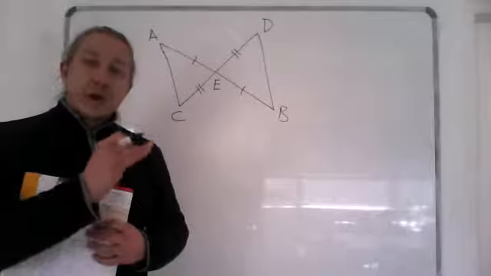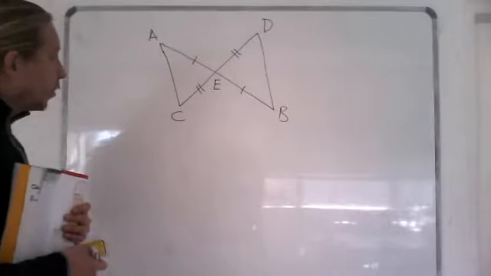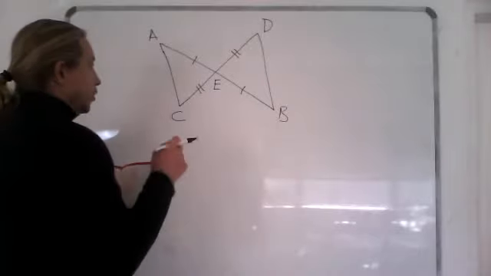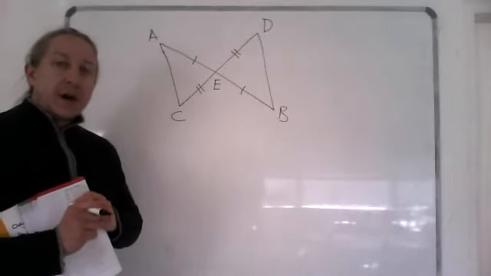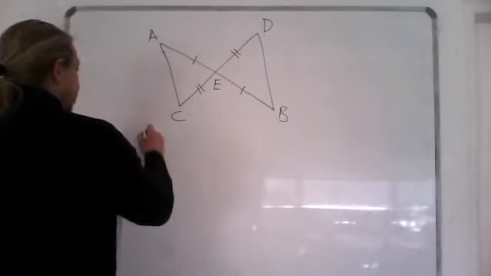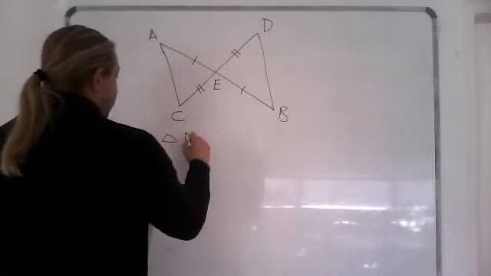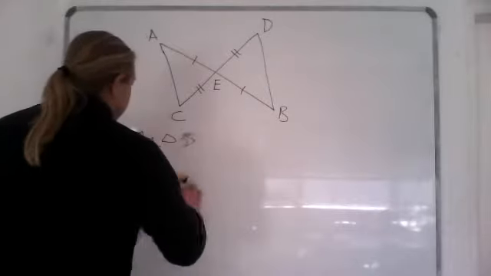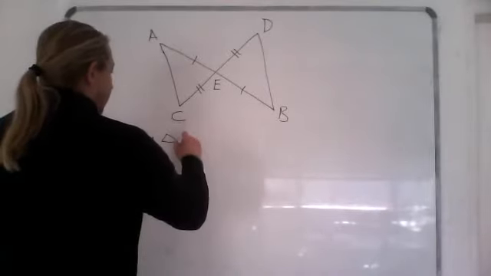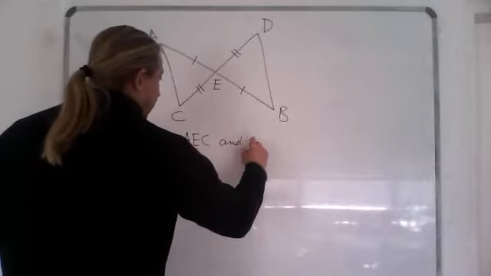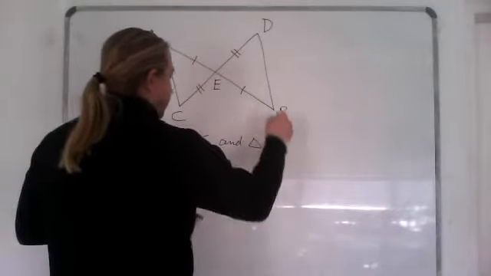Right, now I'm going to show you how to set up this question. First we need to state in which triangles we are working. So I'm going to begin by saying in triangle AEC and triangle DEB.